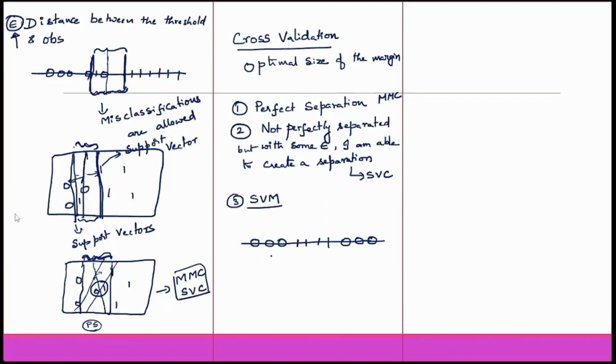Any maximum margin classifier does not work at all. You put your separation here, then these are all misclassified. You put your separation here, then these are all misclassified. You put it here, then some are misclassified on this side, some on this side.